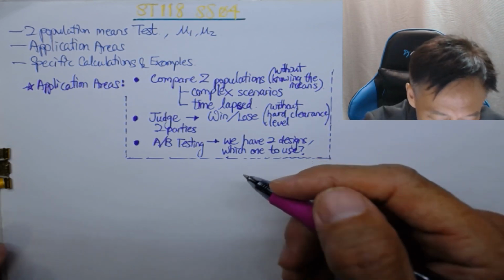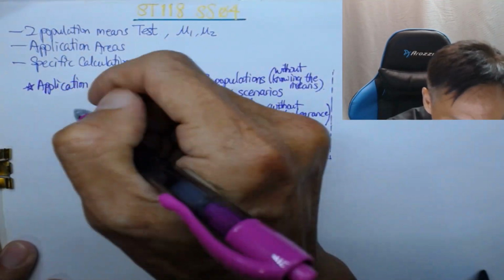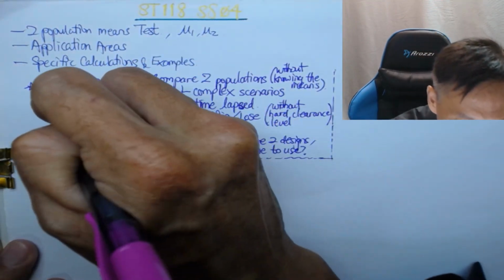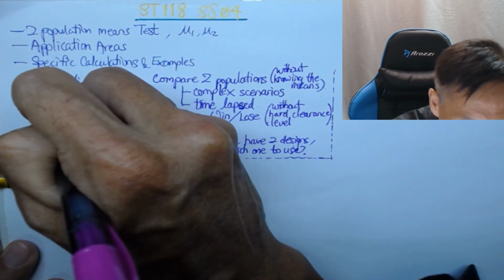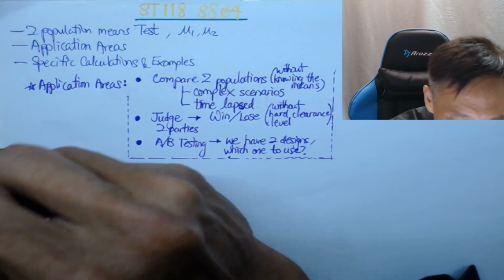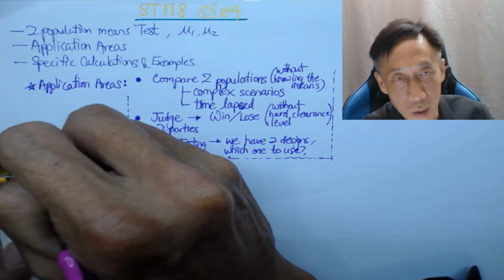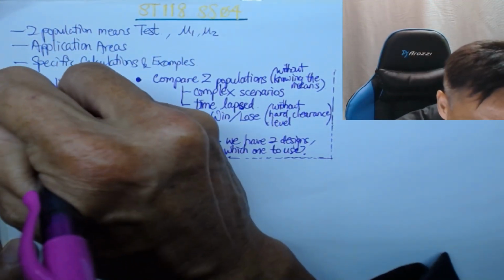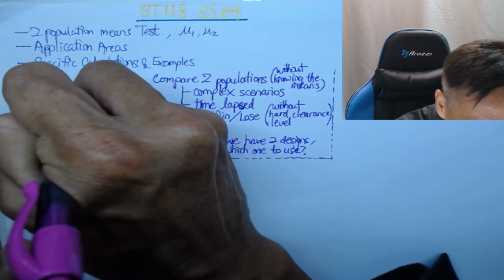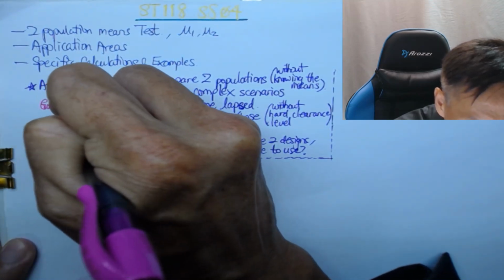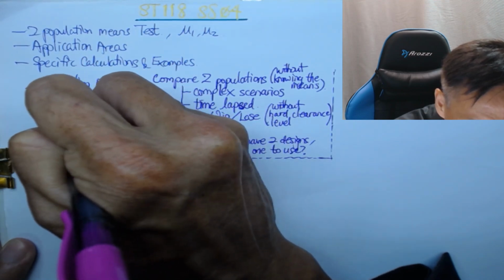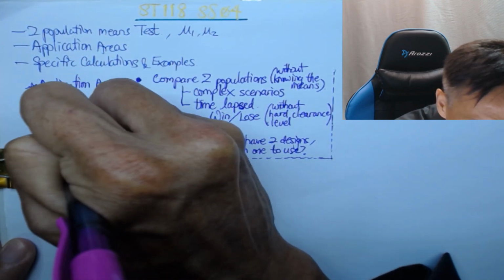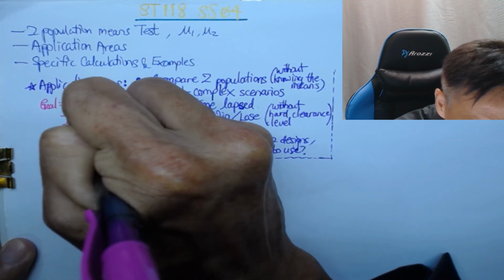Okay, let's get down to a little bit more specific discussion on two population mean tests. For two population means tests, our goal is to decide which is higher, which the relative strengths, right? So the goal is mu1 greater than mu2, mu1 less than mu2, or mu1 equal to mu2.